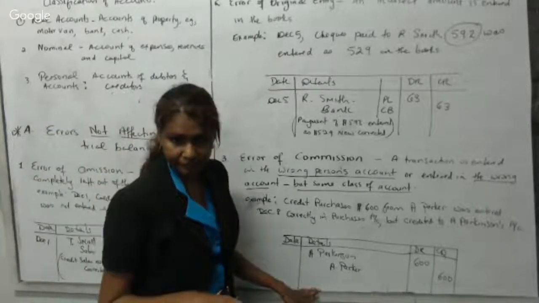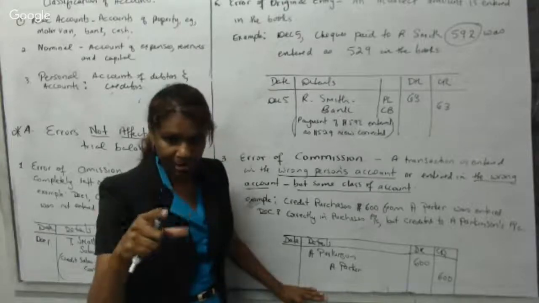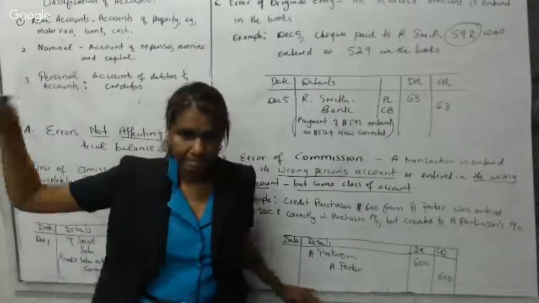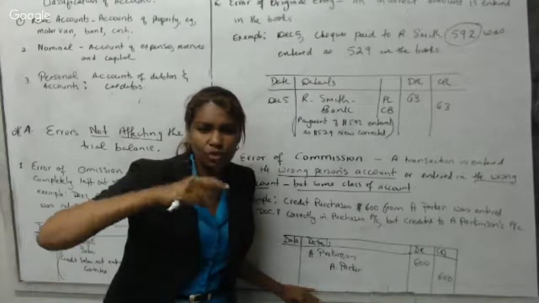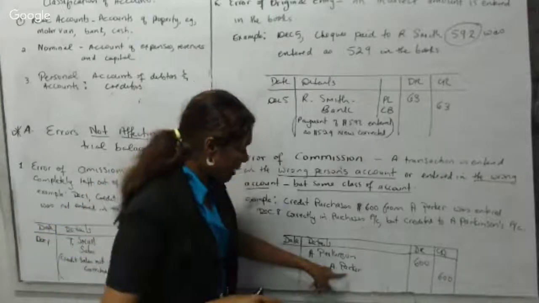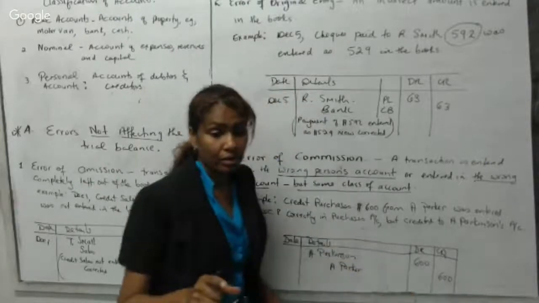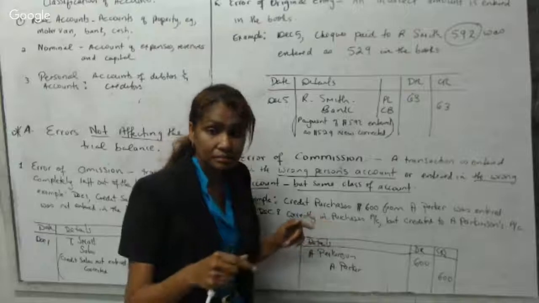Let's walk through it again. You buy goods from Parker on credit. Purchases should be debited, Parker should be credited. So you have to make sure that when you make your correction, Parker is credited. In error, what you had done was credit Parkinson.